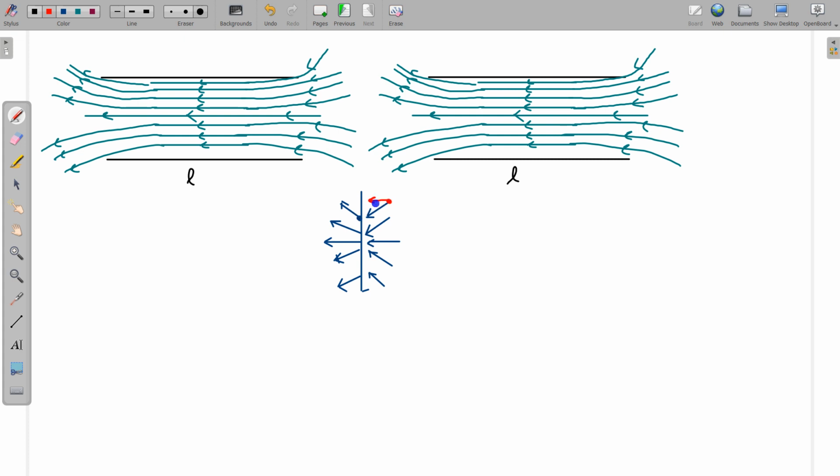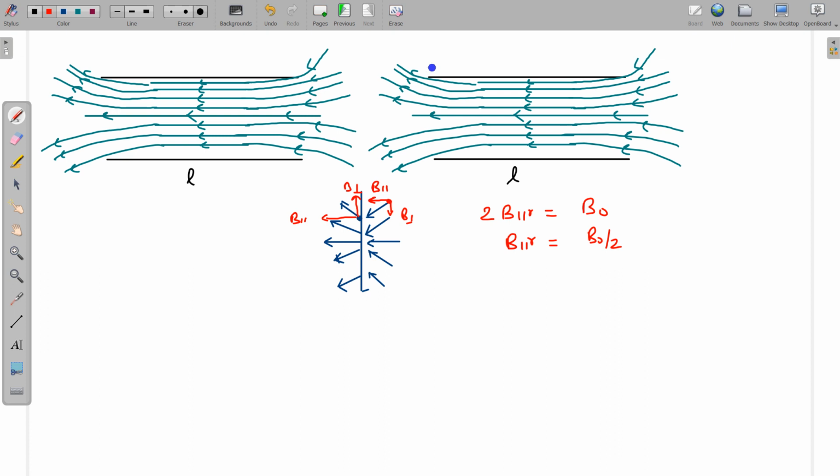These two will add up, and the components which are perpendicular to the axis should obviously cancel, so this B perpendicular should be cancelled. So this is twice B parallel to the axis if I add these two. This should give me B naught, so this B parallel is equal to B naught by 2.